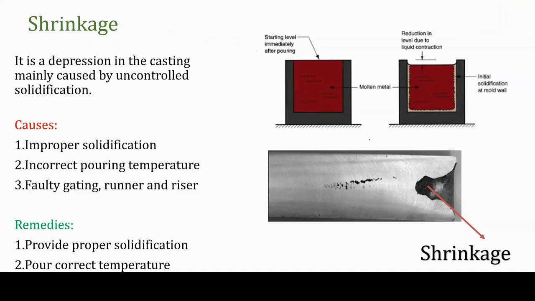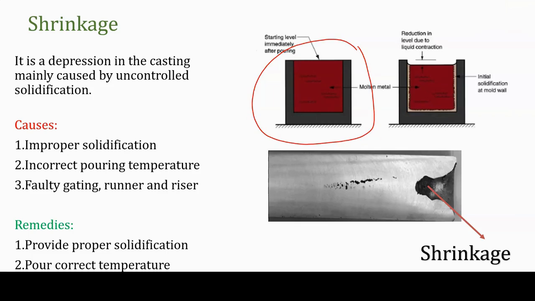The first and foremost is shrinkage. This is a commonly happening defect in all casting processes. Do you know what shrinkage is? There will be a depression after the casting process or solidification is completed. Just see this. This is the desired part we are supposed to cast.